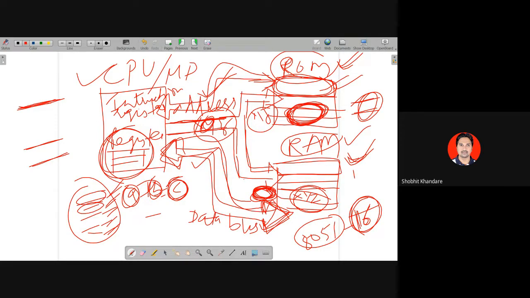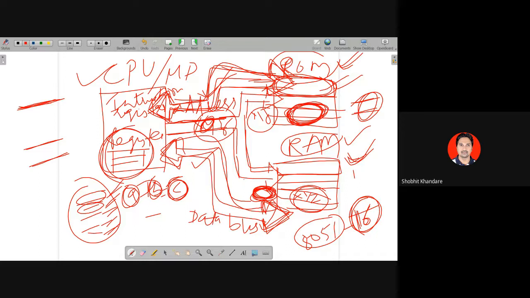The direction of the data bus will be from ROM towards the CPU, in one direction only. I am talking about the data bus. The data bus direction is from ROM towards the CPU. The address bus direction is from CPU towards the ROM.